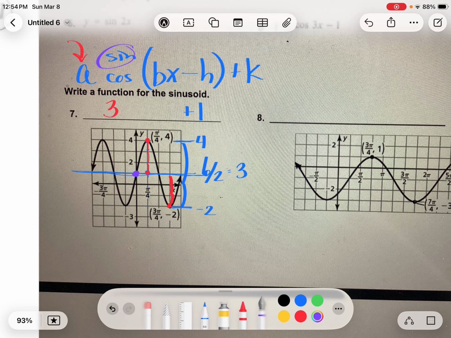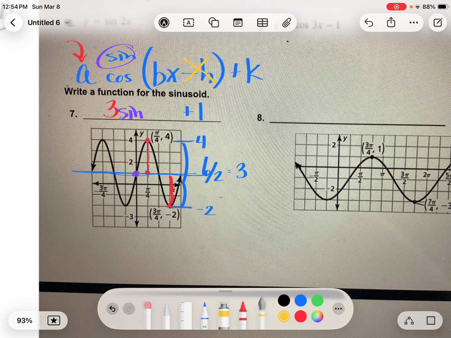If it's hitting the amplitude on the y-axis, that's a cosine curve. So this is a sine curve. That's how I know. It also was not shifted left or right any because that purple dot there is not moved left or right any. So there is no h in this problem.